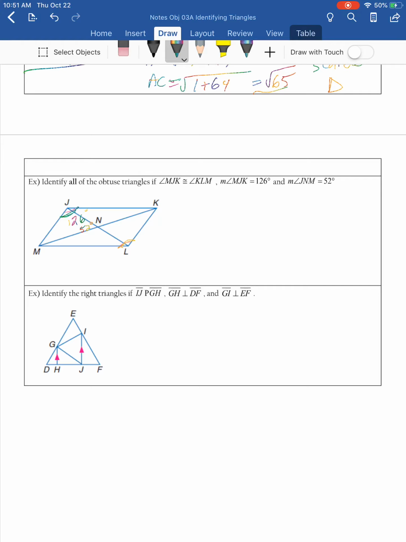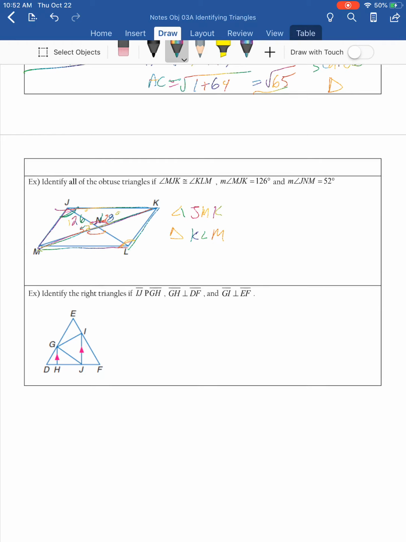So I know that these are congruent, so I know this triangle here is obtuse, so triangle JMK. We also have, this guy right here is also an obtuse triangle, so triangle KLM, or whatever order. If this is 52 degrees, then the angle next to it right here is going to be 128. So this is also 128 because they're vertical.